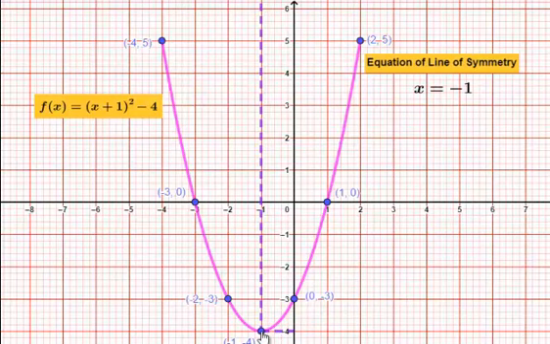So whenever the graph opens upwards, we have a minimum point, and our minimum point for this graph would be the turning point or the vertex, which is -1, -4.